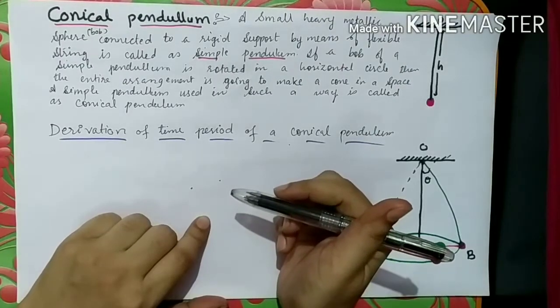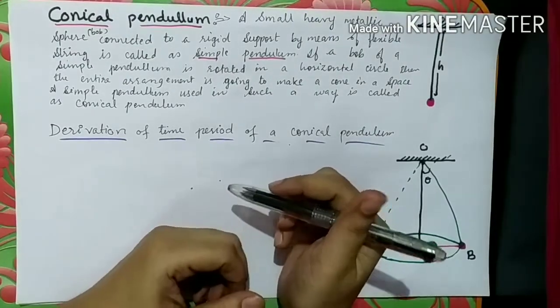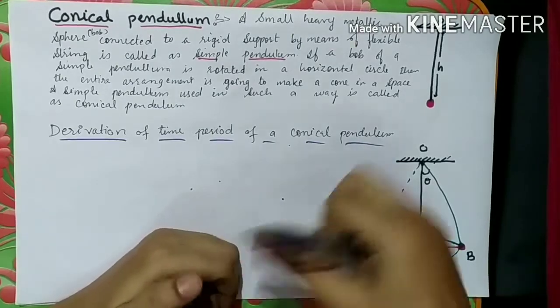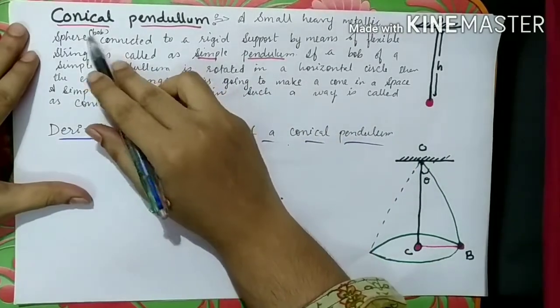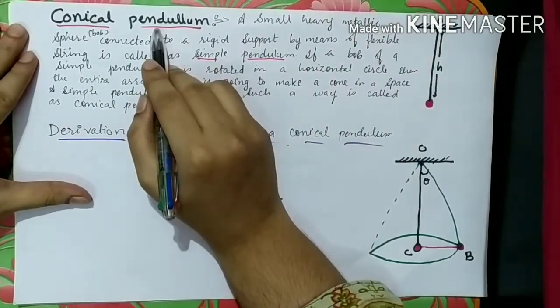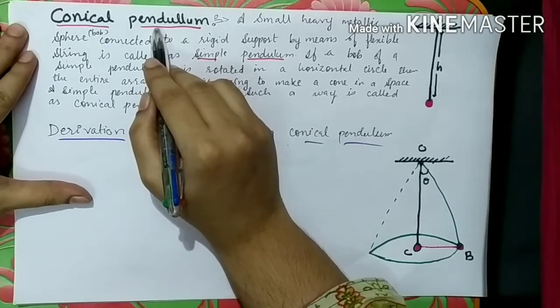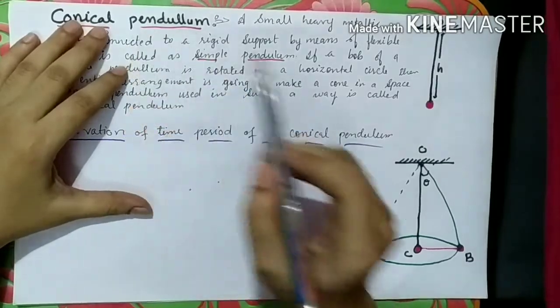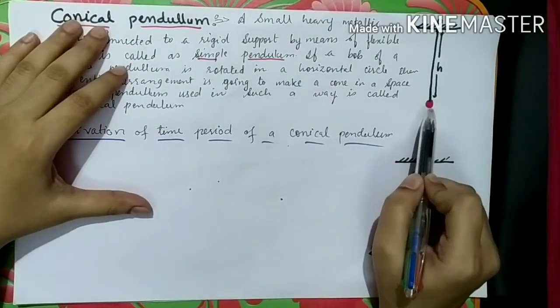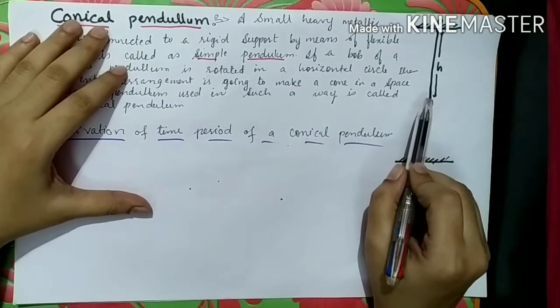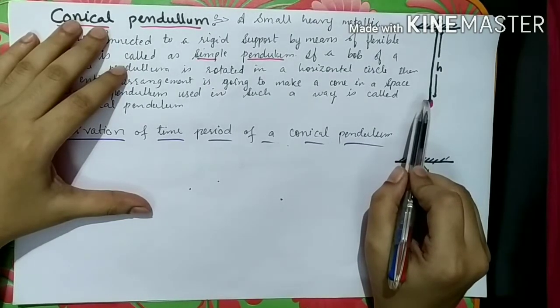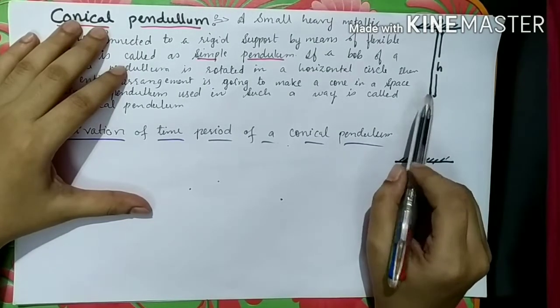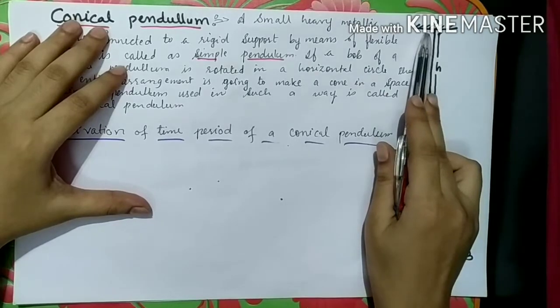Hello students, let's start with another concept in rotational dynamics, which is nothing but the conical pendulum. You might have seen a simple pendulum instead. A simple pendulum is nothing but a small stone tied to an inextensible and weightless string that is connected to a rigid support.